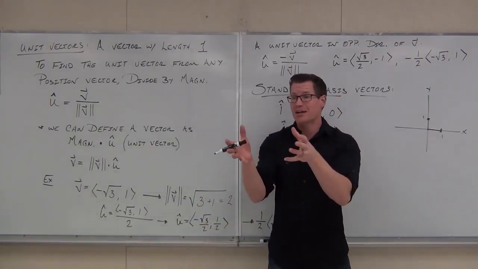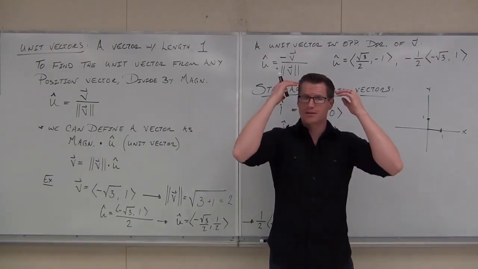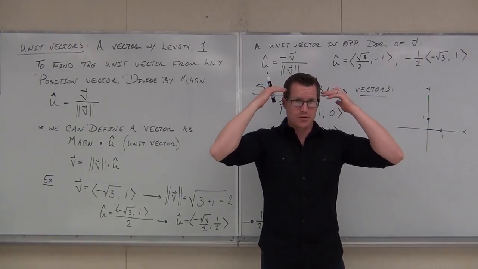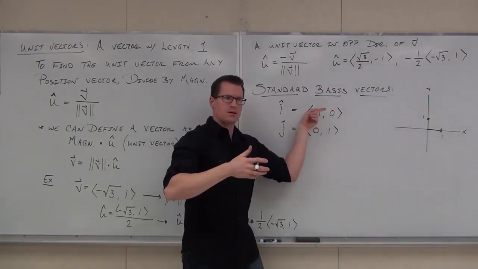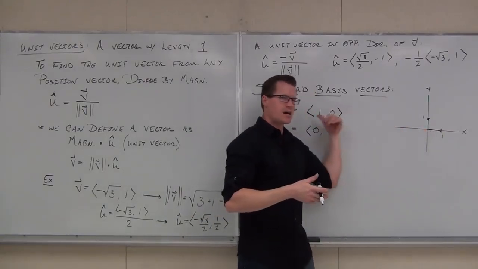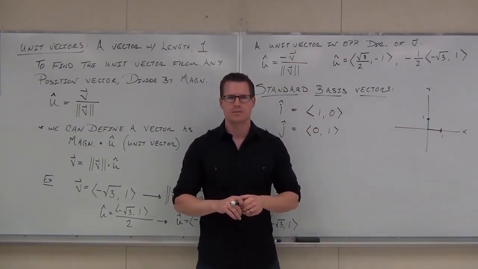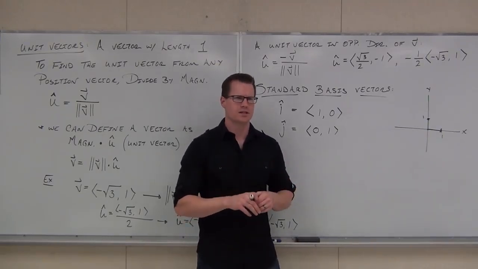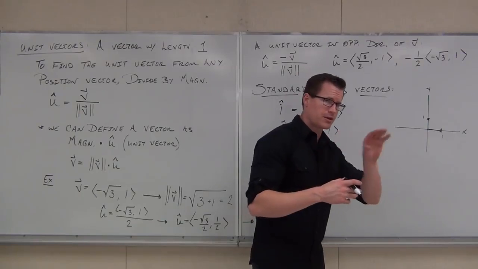I told you how to think of unit vectors, right? When I say unit vector, you think, don't say one. When I say unit vector, you think direction. A unit vector gives a direction. This i literally just means x direction. That's all it means. When you think i, think x direction.